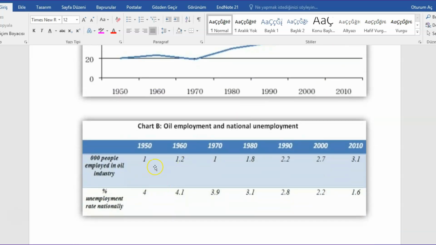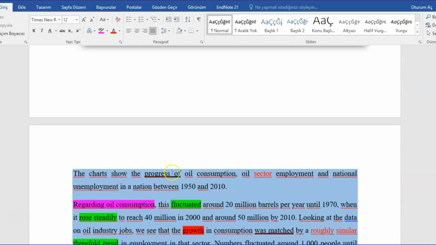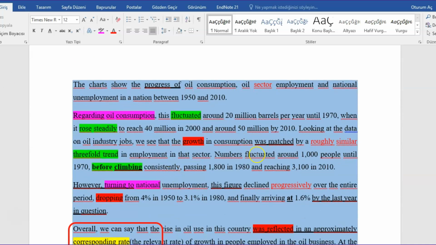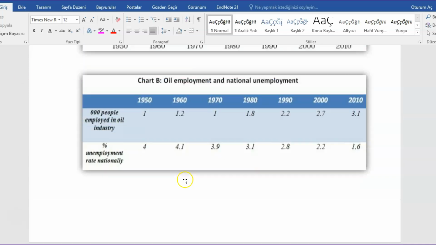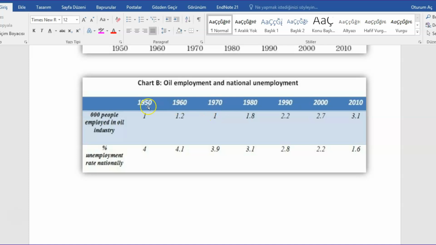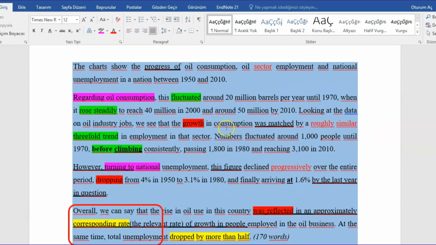Numbers fluctuated around 1,000 until 1950, yeah, fluctuated, goes up and then goes down, right?